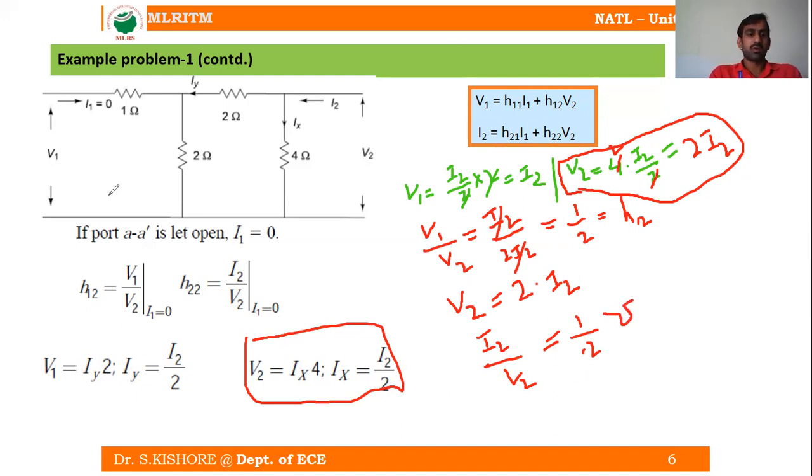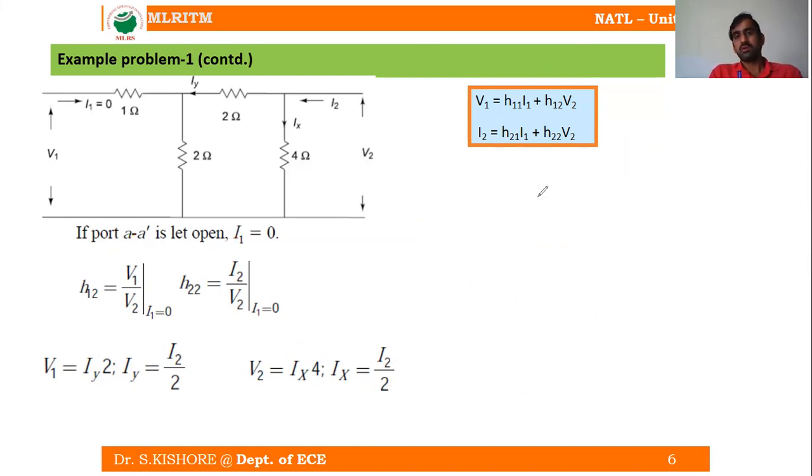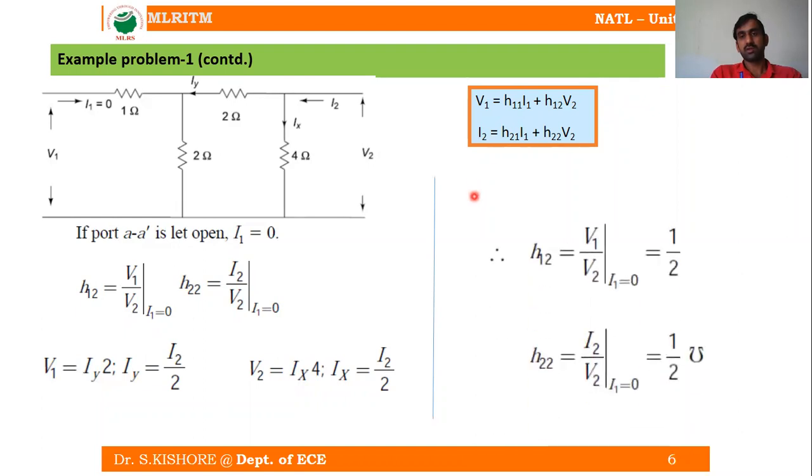So this is how you are going to obtain H12 and H22 from these four equations. H12 is 1 by 2 and H22 is also 1 by 2, but H12 is dimensionless and H22 is an admittance, so mho, ohm inverse or Siemens.